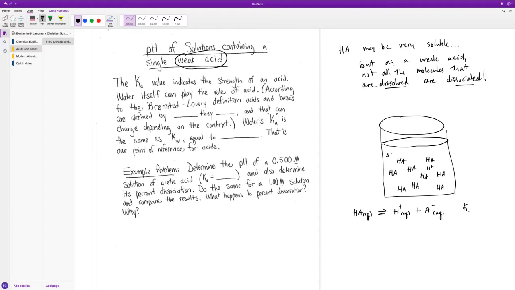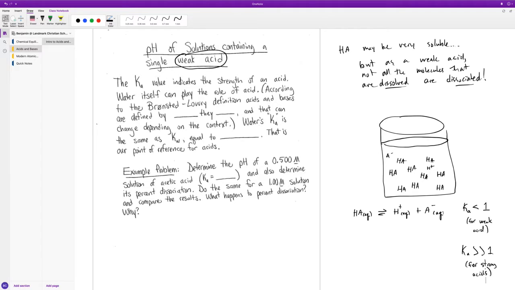Now, if this is an acid, this is called Ka. If it's a weak acid, reactants are favored, so Ka is going to be less than 1. And for strong acids, like hydrochloric acid, K would be really, really big.